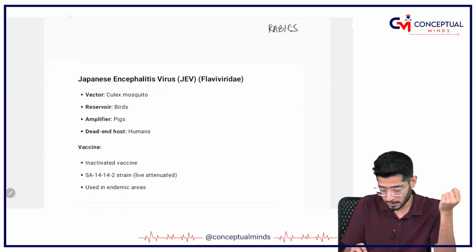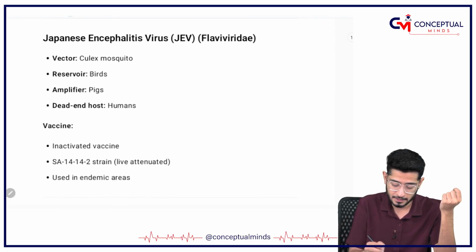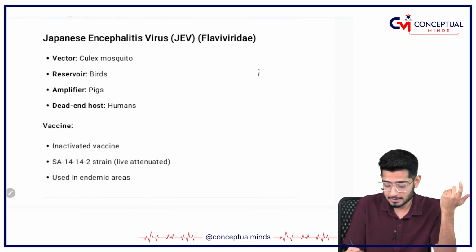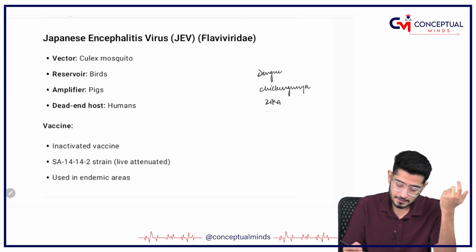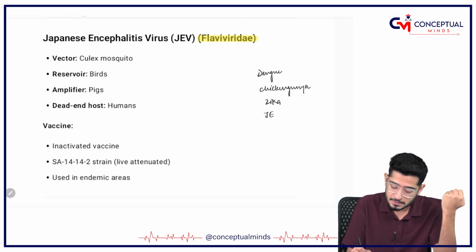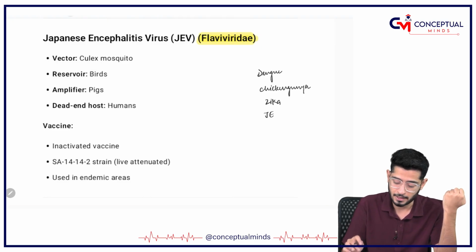Coming on to the next virus, that is Japanese encephalitis. Just like your other viruses, for example dengue, chikungunya, Zika, Japanese encephalitis belongs to the Flaviviruses.